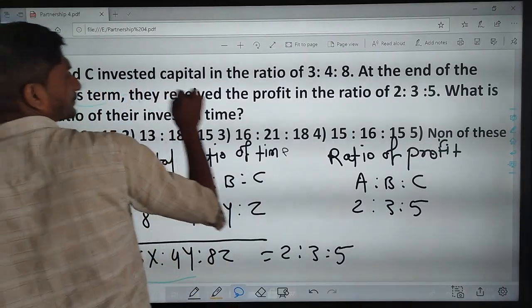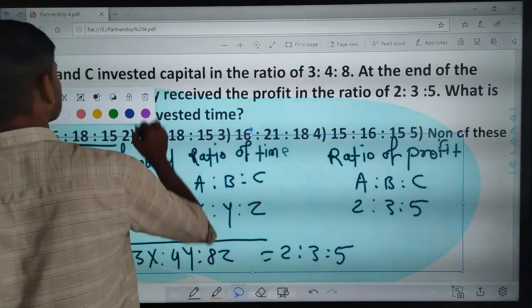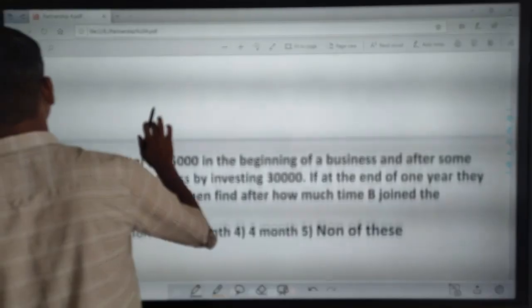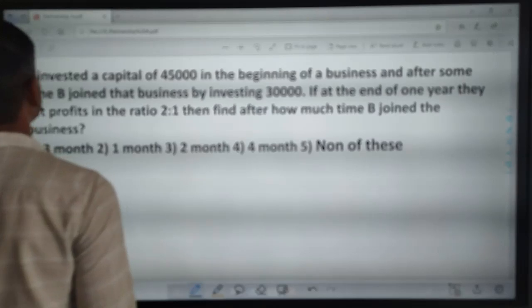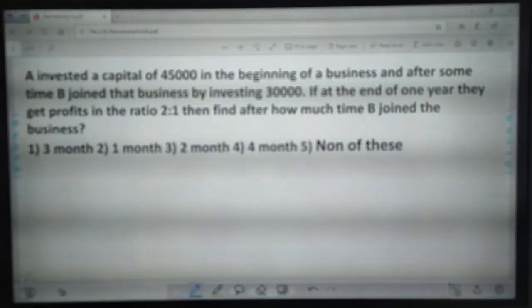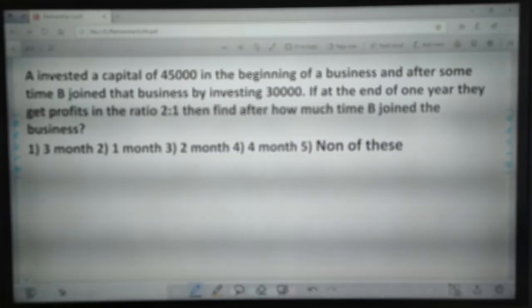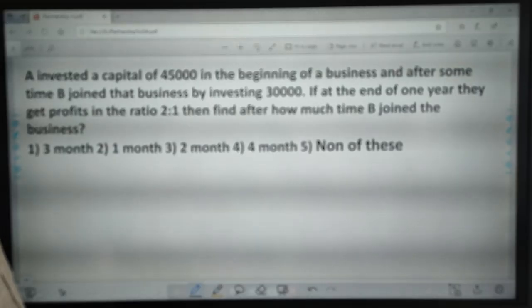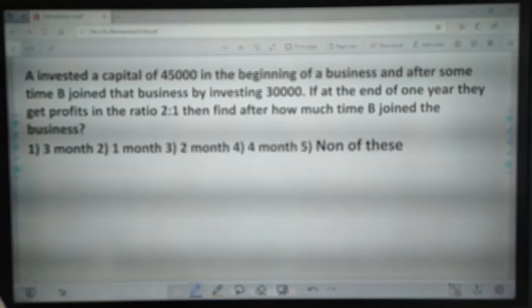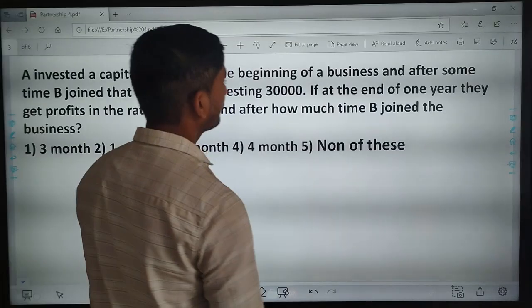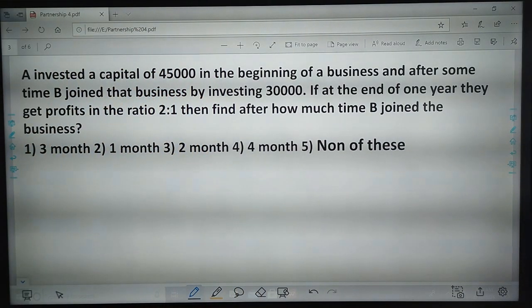Now next. A invested a capital of 45,000 in the beginning of the business, and after some time B joined that business by investing 30,000. If at the end of 1 year they get profit in the ratio 2:1, then find after how much time B joined the business.